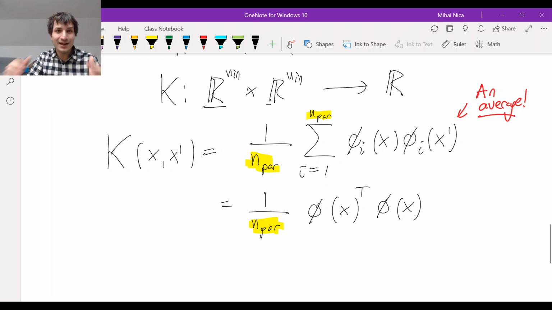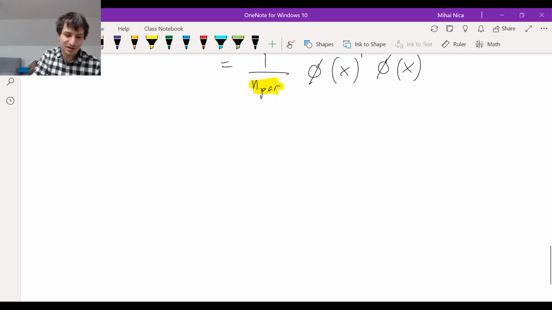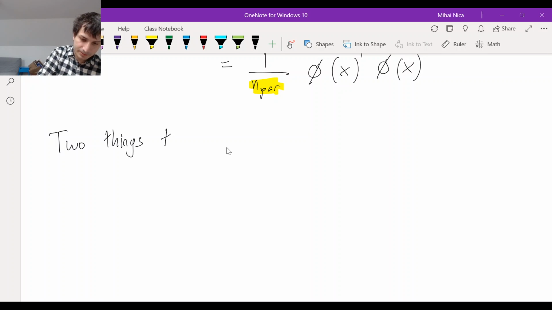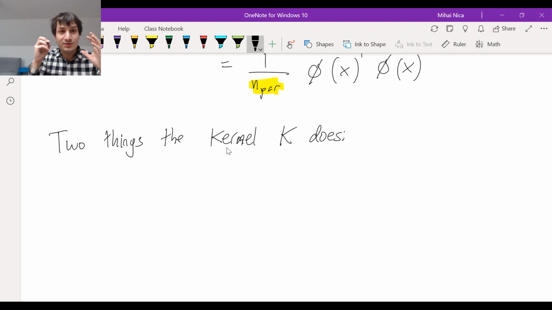So what do I mean by it answers all of the questions? There are two things the kernel k does. It does double duty. Thing number one, it does training dynamics. This is theorem 6 in the notes.